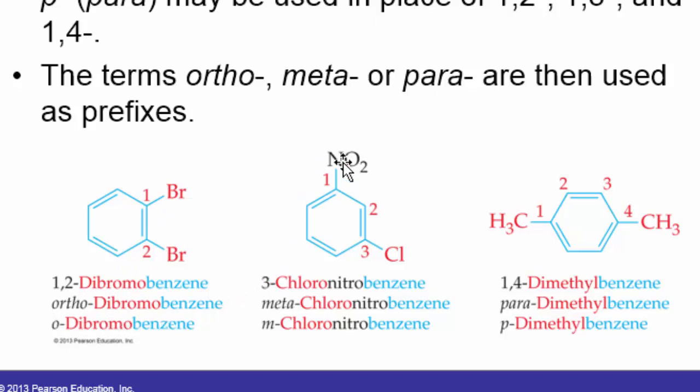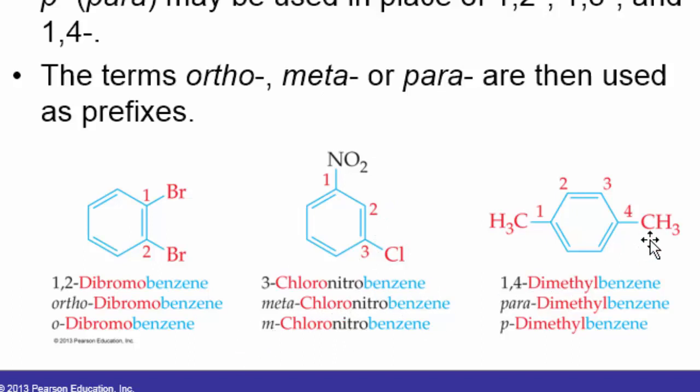Now, the other position, 1,3, is referred to as meta. So we said we have two substituents, chloro and nitro, so we arrange them alphabetically. Meta, we start with the chloro, then nitro, benzene, or simply m.